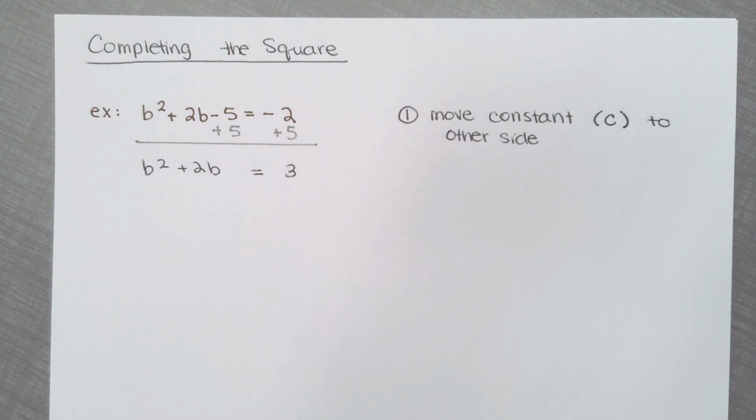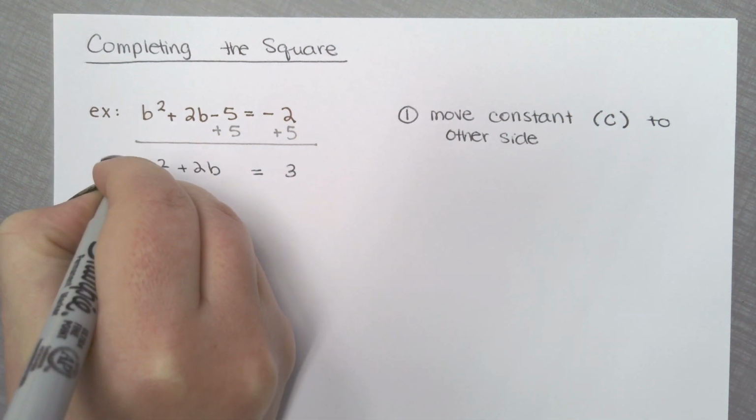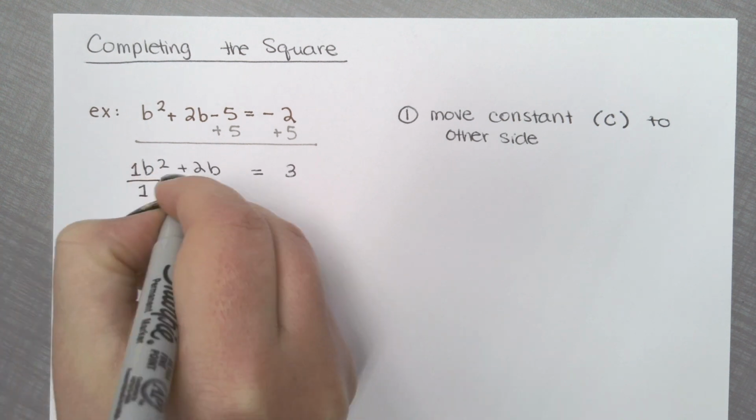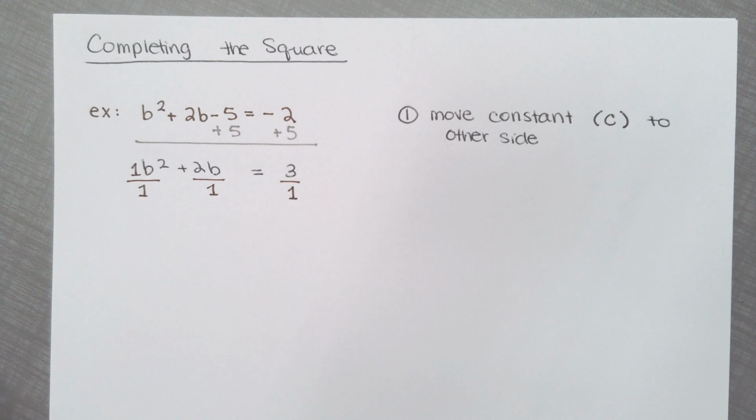Step number 2 is to divide by the leading coefficient. Now, in this example, the leading coefficient technically isn't there, right? We can't see it. But we know that when A is missing, what number do we have for A? Good. Yeah, so we're just going to divide by 1. Realistically, that doesn't really change anything by dividing by 1. But we still want to get into the habit of still dividing by our leading coefficient.